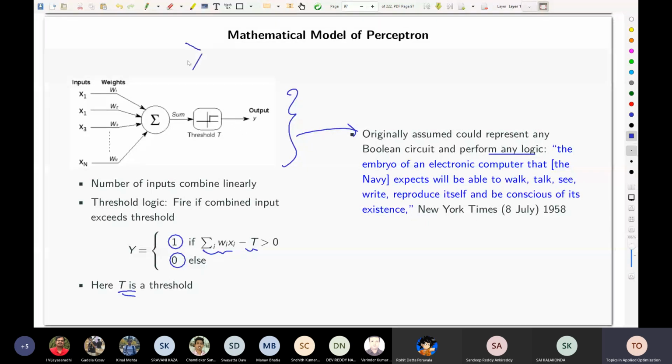So if I pass 1, 0, and this is my perceptron, let us say P, can it do the AND operation in this case? Or the OR operation, NOT operation. So this is what is being claimed here, and they actually proved that they can do this. And in fact, we can also try to prove that.